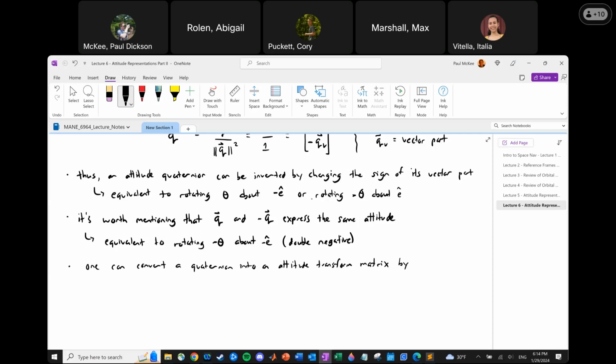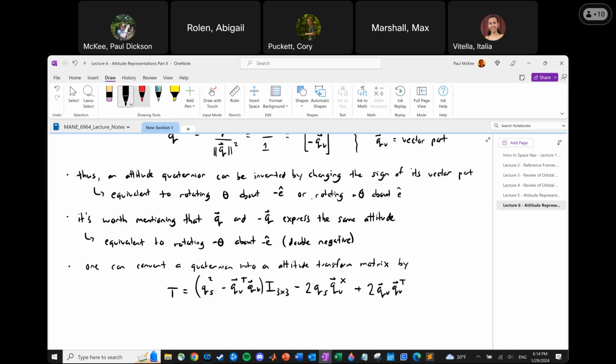Here's the equation: T is equal to Q scalar squared minus Q vector transpose Q vector, all of that is a scalar, multiplied by the identity matrix, minus 2 Q scalar Q vector cross product, so that gets us back to a matrix again, plus 2 Q vector Q vector transpose, and that's a matrix again.